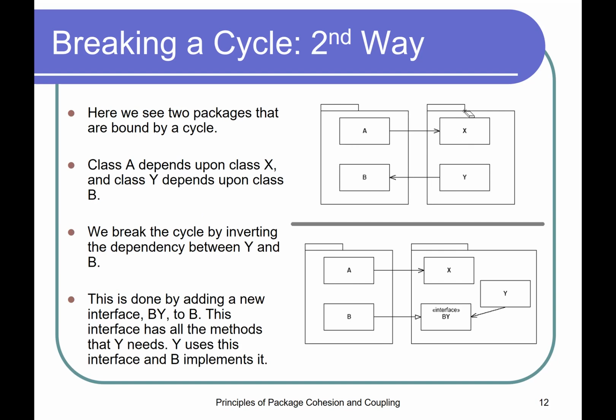Now what I can do is, I can get this Y over here, create an interface for it, just an interface, an empty class really, okay? And if I have an interface called Y interface, all right, that interface is going to be dependent on by class Y.